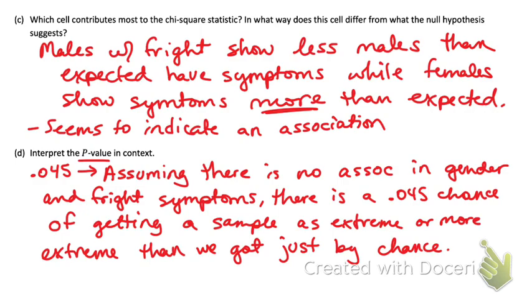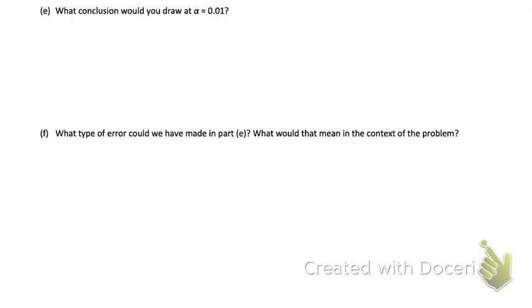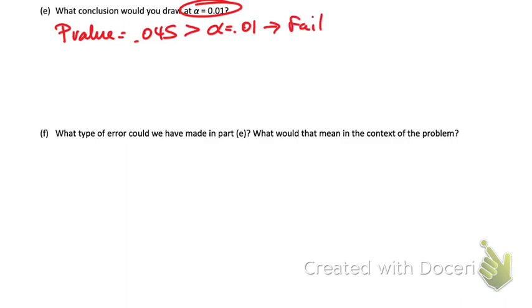Oh my gosh, you guys, 2 more parts. I'm getting really sad. What conclusion would we make at an alpha equals 0.01 significance level? P-value equals 0.045. That is greater than alpha of 0.01. What are we going to do? We're going to fail to reject that null hypothesis.